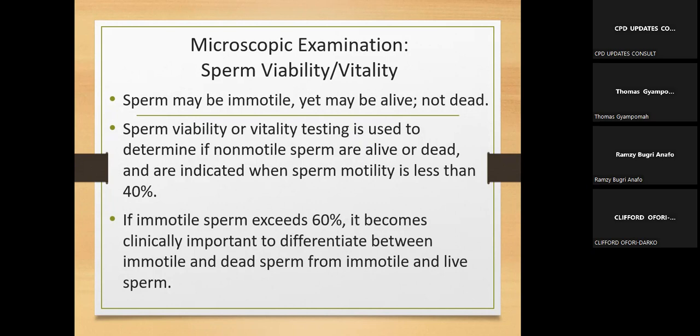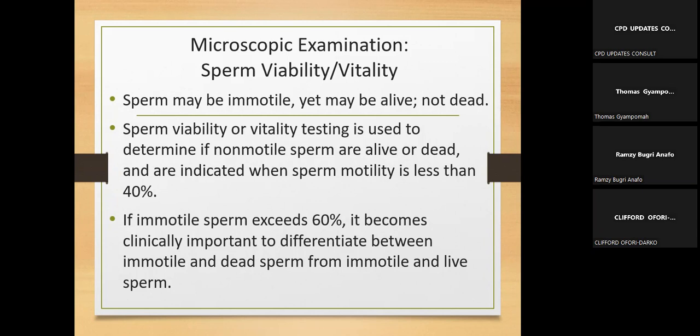However, if the motility is low, less than 40%, and rather immotility is more than 60%, then you want to find out what has happened. So the vitality or viability test becomes necessary only when your immotility level is higher than normal. I hope that point is clear. So sperm may be immotile, yet alive and not dead.